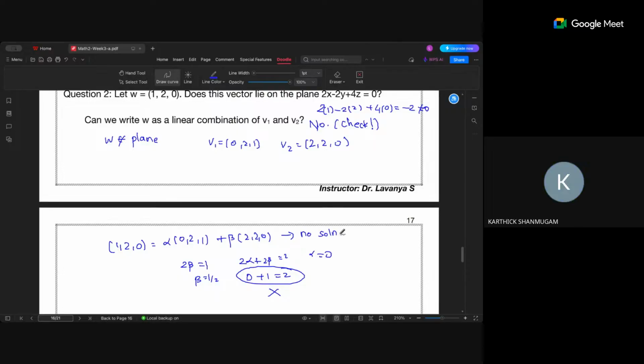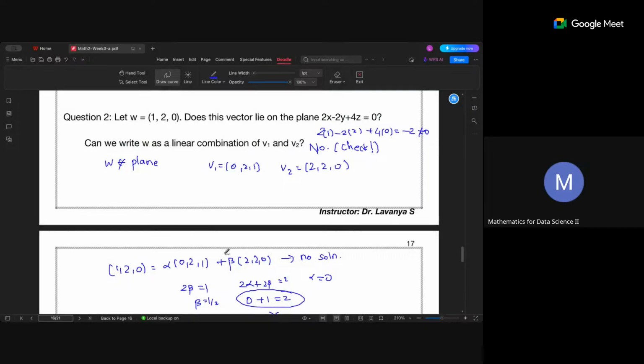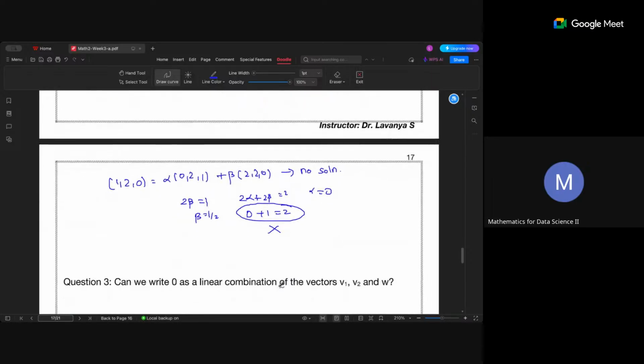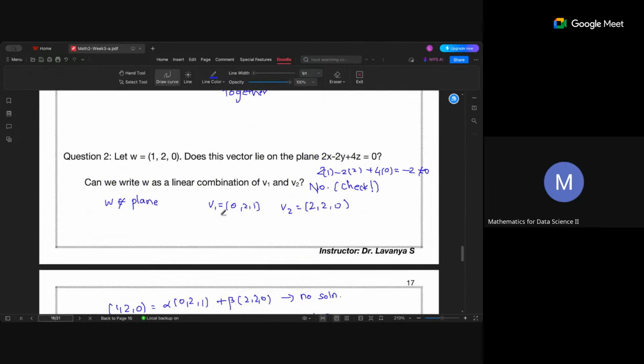So this means W cannot be written as a linear combination of V1 and V2. Without even verifying, since W is not in the plane, we can say it cannot be written as a linear combination of V1 and V2. That we will understand slowly. For this point, you can just note that if W is not in the plane, then it cannot be written as a linear combination of these two vectors.